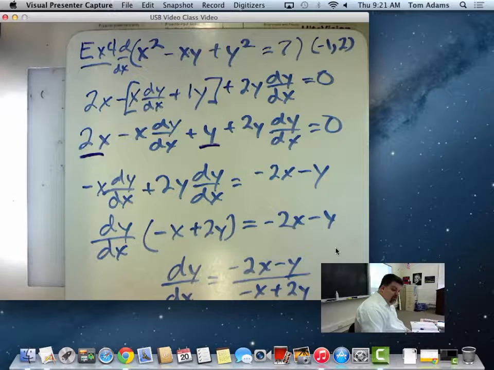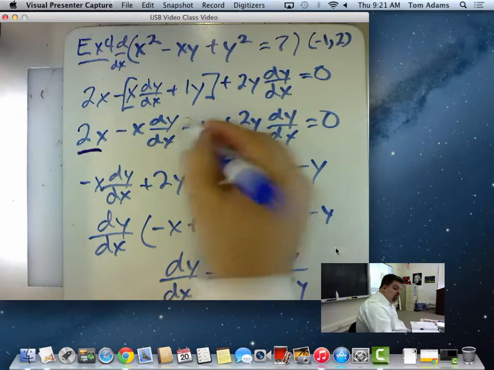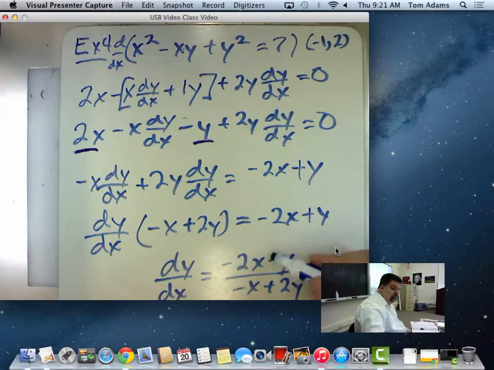The only thing is I think I made a mistake on the 2x. Did I write it down correctly? Wait, isn't it 2y? Oh, you know what I did wrong? I forgot to distribute this negative sign through. So this should be a positive y, this should be a positive y, this should be a positive y.